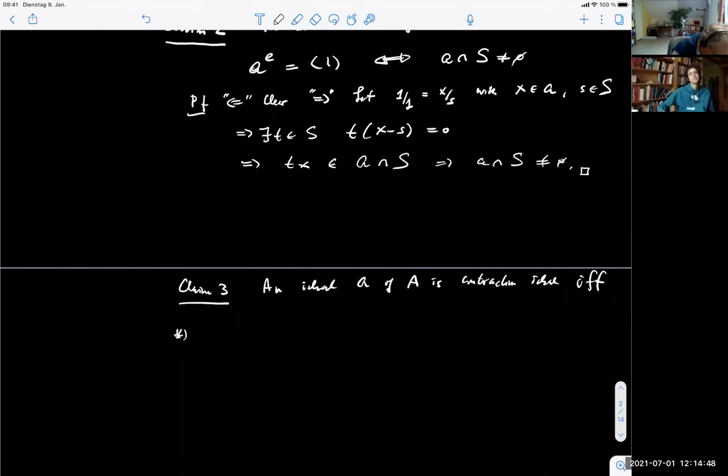It looks a bit complicated. Fortunately, when we deal with prime ideals, it's much, much simpler. But for the moment, let's do it in generality. For all S in S and for all X in the ring A, the following implication holds: if Sx is in A, then X is in A. That's a bit complicated, right?